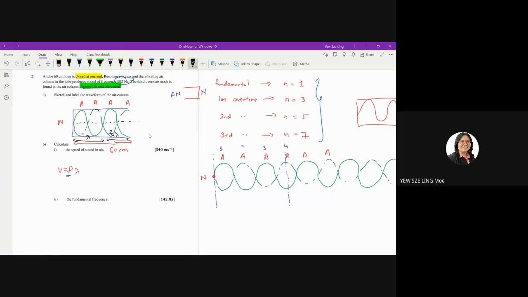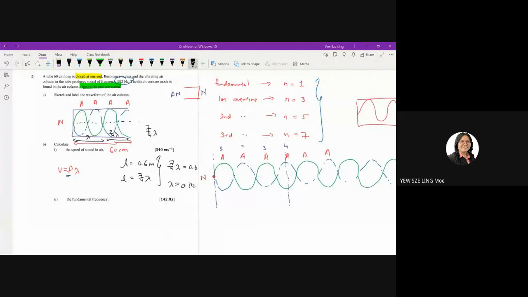So altogether, it's 7/4 lambda. Therefore, L equals 0.6 meter, and at the same time, L equals 7/4 lambda. Combining these two pieces of information, 7/4 lambda equals 0.6.